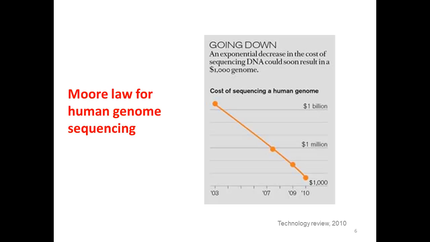Progress in DNA sequencing technology has outpaced Moore's law, and this is evidenced by a drop in price for sequencing a human genome. In 2003 it's about $1 billion, and in 2010 you could already get a company to sequence your genome for about $5,000, and the price has probably dropped since.